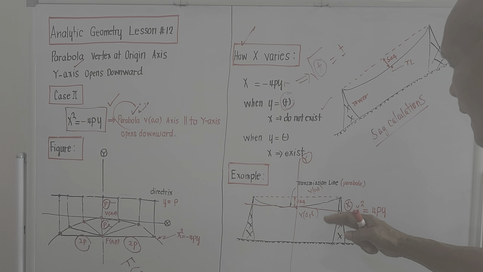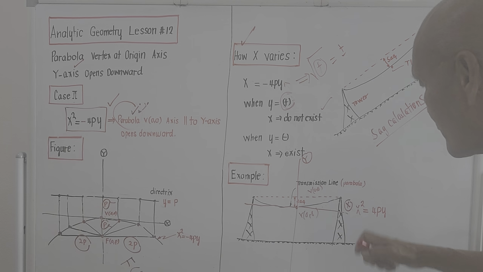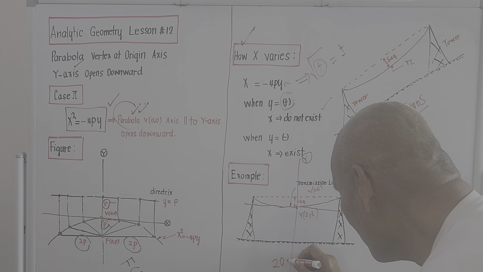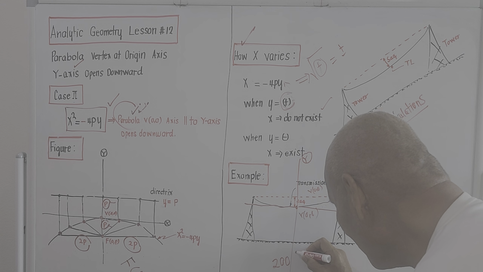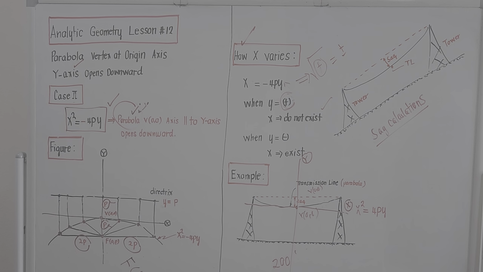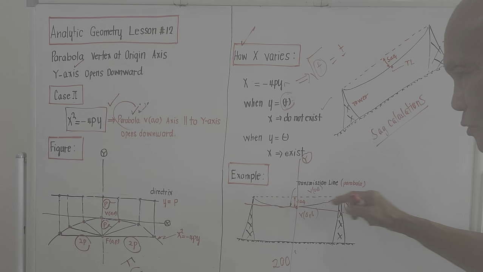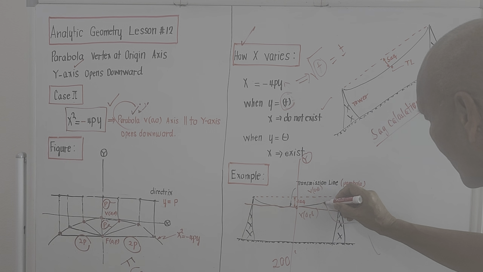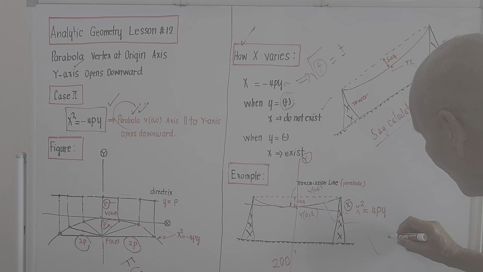If it is hung between two transmission towers, and the distance between the two towers is maybe 200 feet, what will be the total length of the cable needed? If we suspend a transmission line between these two transmission towers, he might ask you what will be the length of the transmission line.